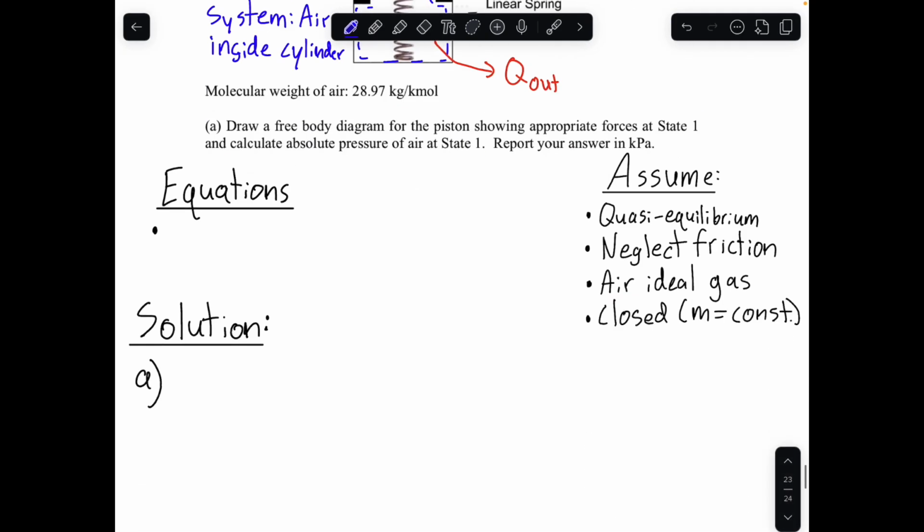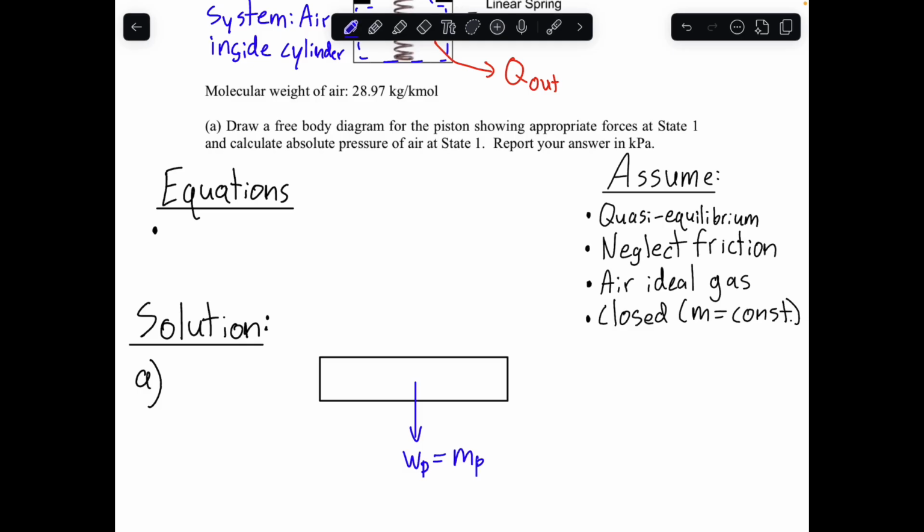So let's draw our free body diagram down here in the solution. Like we said, we will have some weight of the piston that acts downwards. I'll just draw that as WP, and that will be equal to the mass of the piston times our gravitational constant.